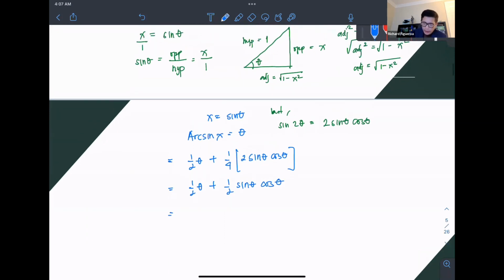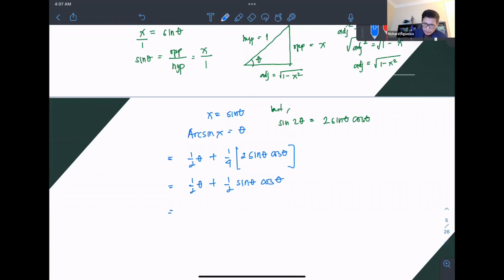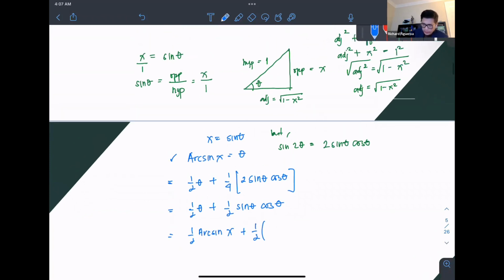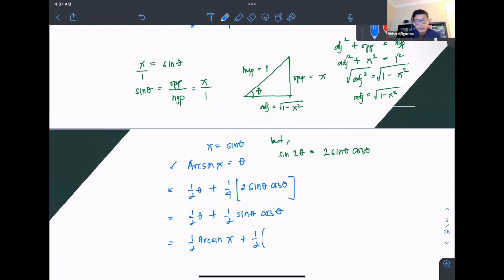So theta is arc sine of x, so that is 1/2 arc sine of x. But then we have 1/2. How about for sine theta? Sine theta can be taken using the triangle.